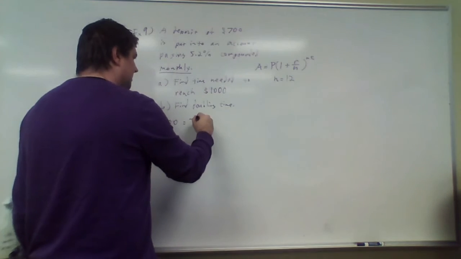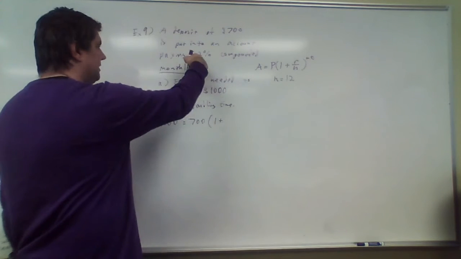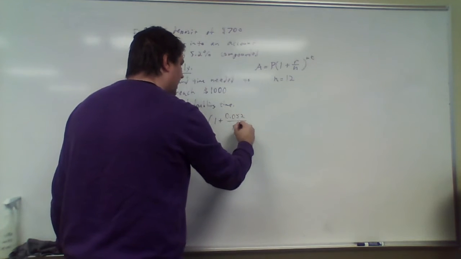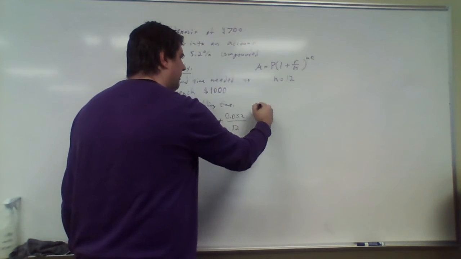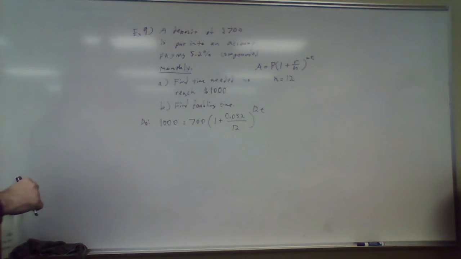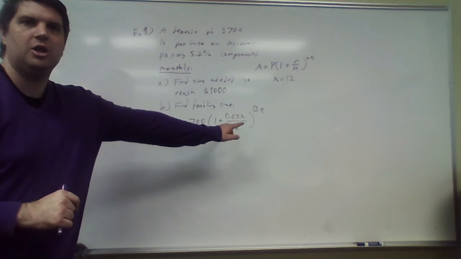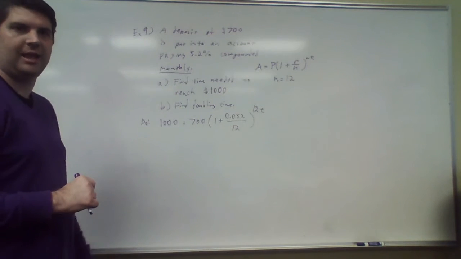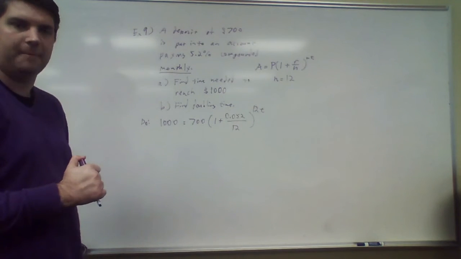So I want the accumulated value to reach $1,000. The initial deposit is 700 times (1 plus 0.052 divided by 12, because n is 12). That 12 down here will also be up here. And the t is unknown. That's the question. Because this doesn't round cleanly, you're going to want to leave it the way it is, because money is a very exact thing, especially in banking and investment companies.